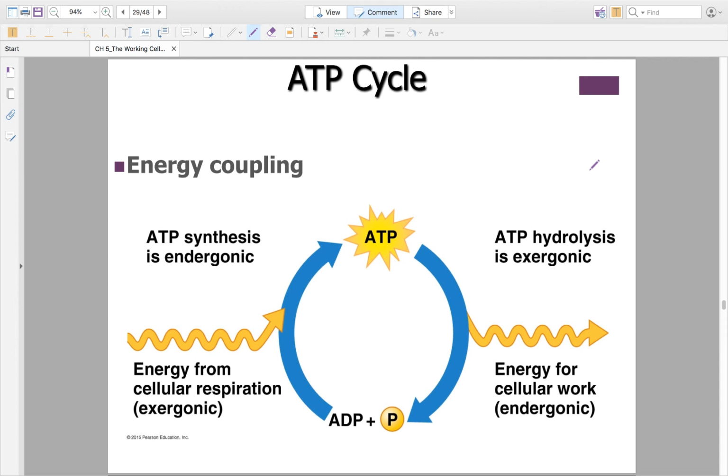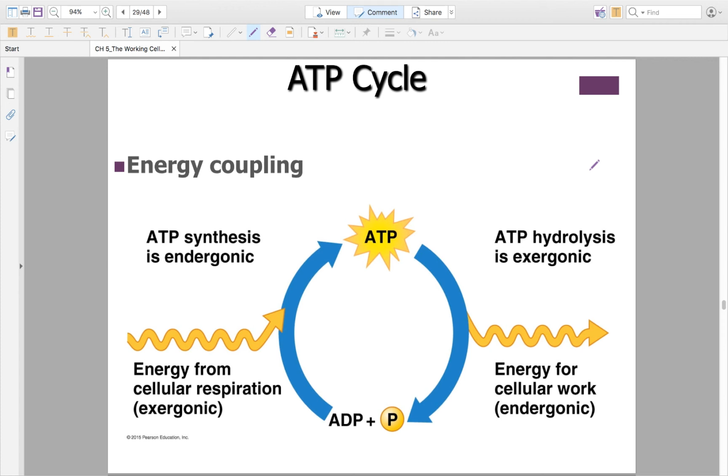ADP and ATP is cyclical. And what's interesting is how amazing everything comes together. Now, this cycle is perfect.